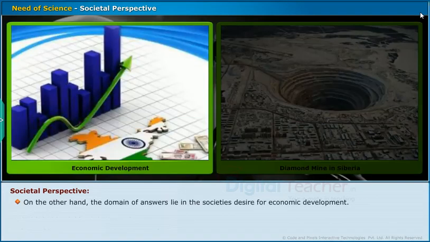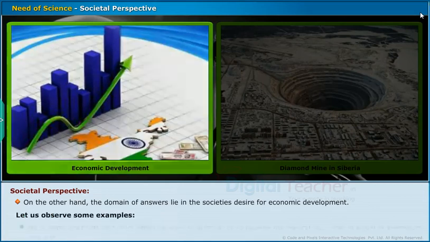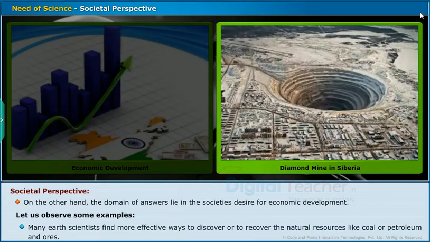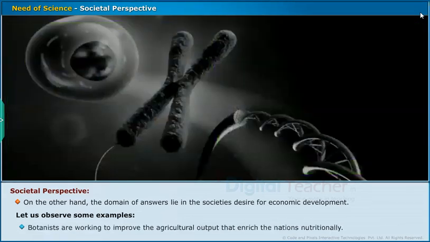On the other hand, the domain of answers lie in the society's desire for economic development. Let us observe some examples. Many earth scientists find more effective ways to discover or to recover the natural resources like coal or petroleum and ores.